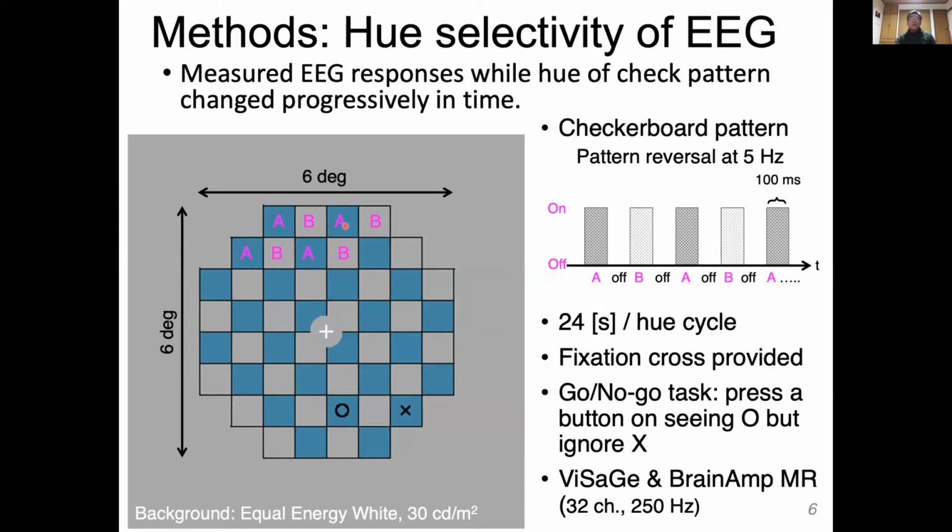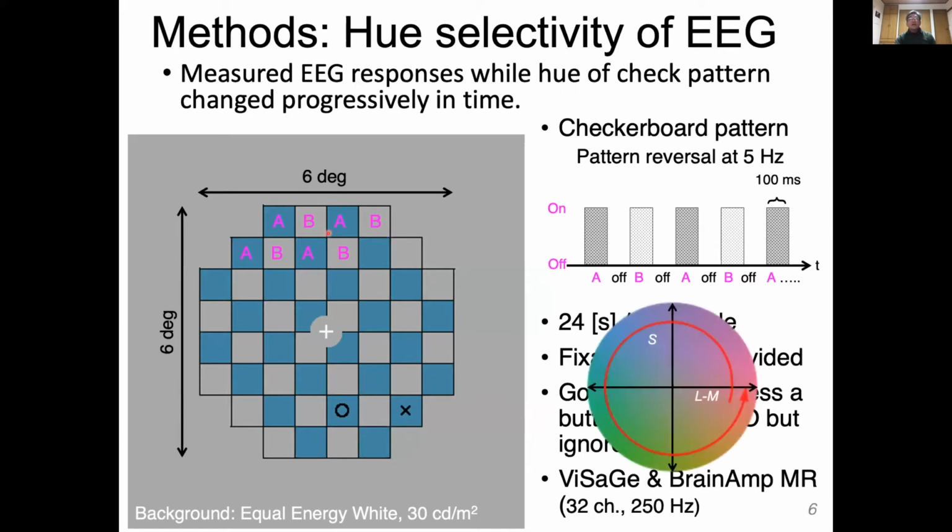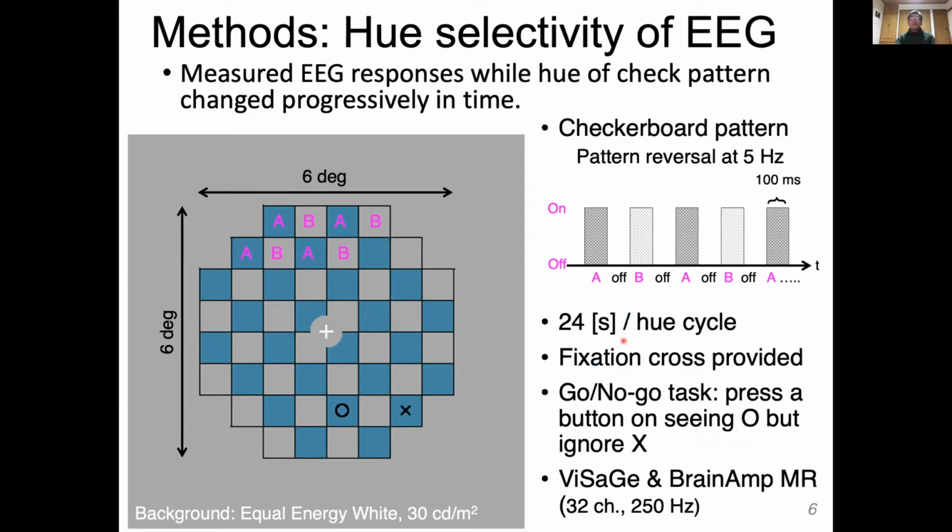Meanwhile, the color was changing along the hue circle defined in the LM and S-cone opponent space. I will introduce this in more detail later, but the hue was changing gradually, taking 24 seconds per cycle.